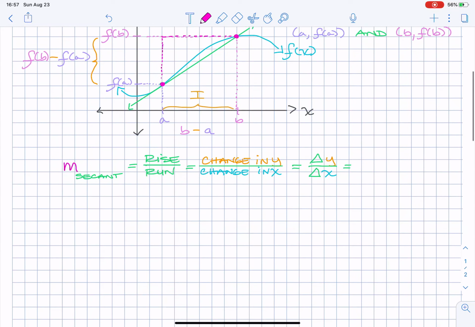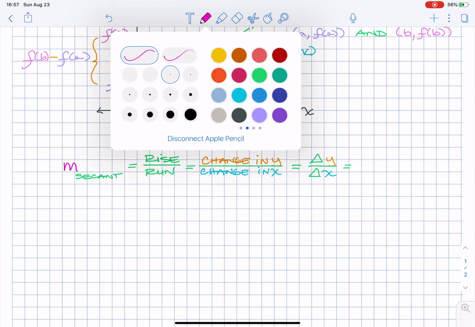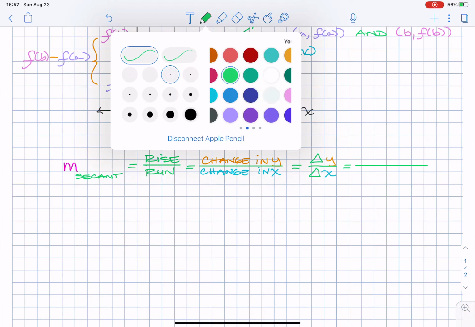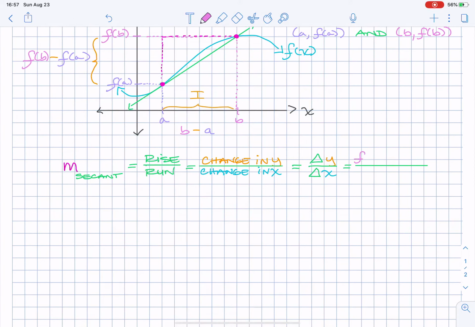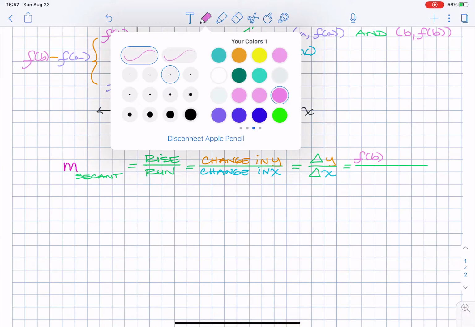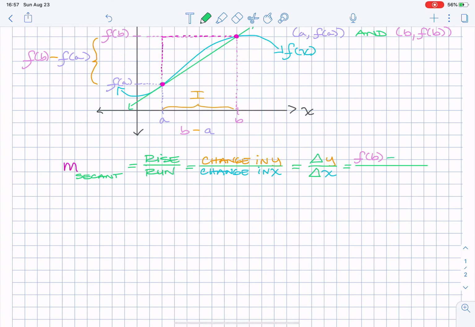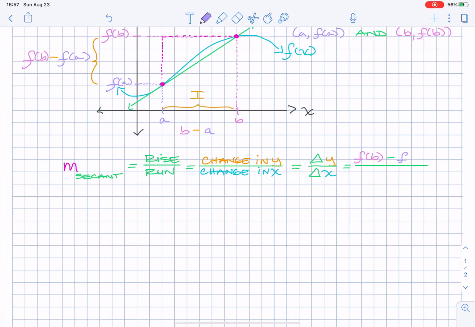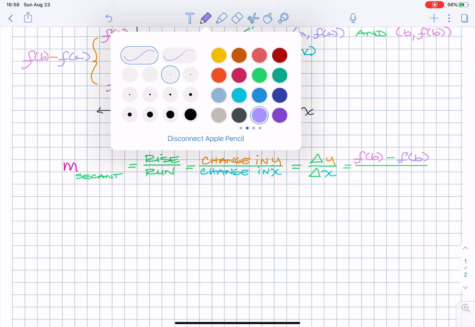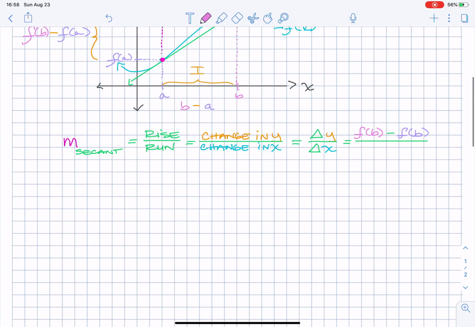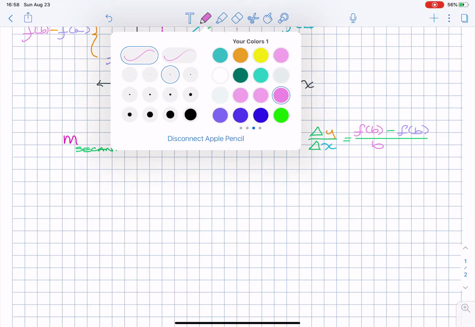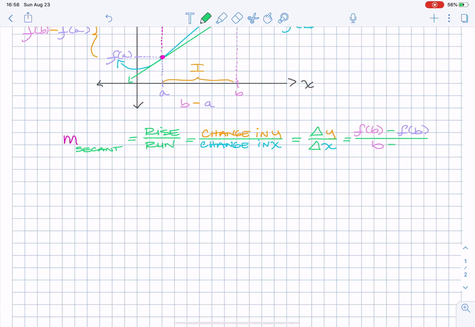So in the numerator we will have f of b minus f of a for the change in y, whereas in the denominator we will have the change in x, which is the distance I there, so it's b minus a.